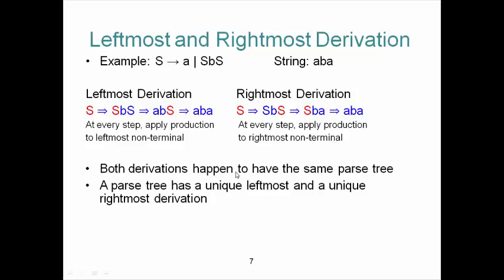Both derivations will have the same parse tree for a given string. A parse tree has a unique leftmost and a unique rightmost derivation. But this is not true for all strings.